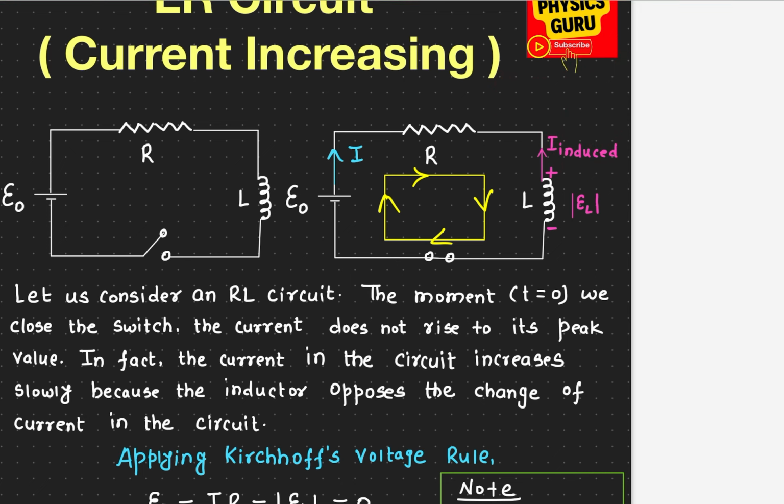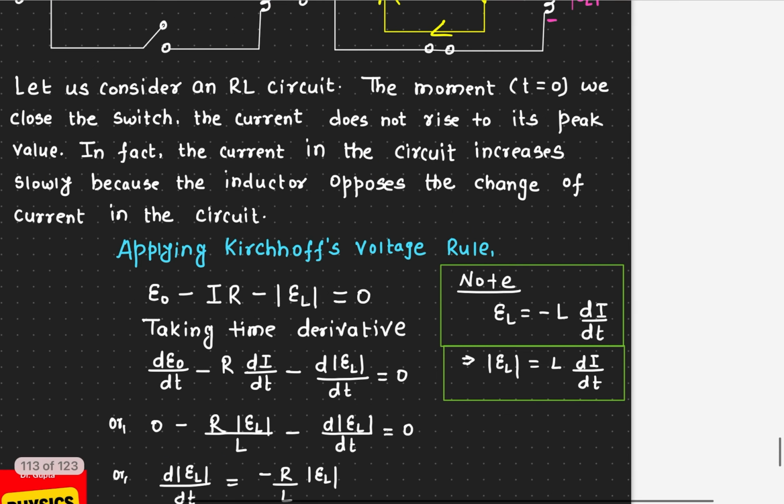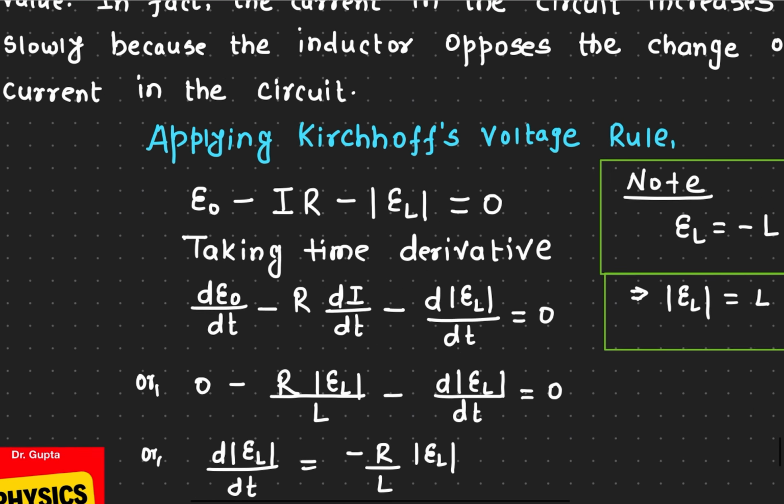This also acts as a battery to some extent. Because this one is in the opposite direction, the net voltage will be epsilon 0 minus epsilon L, divided by R. That is the current. Or you can simply solve from here, whatever works for you.